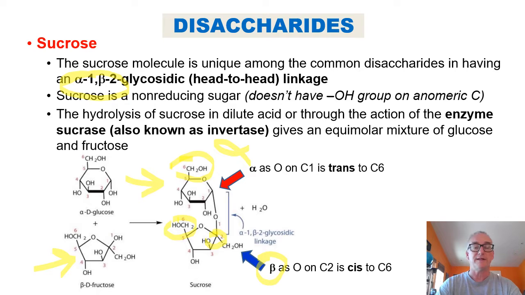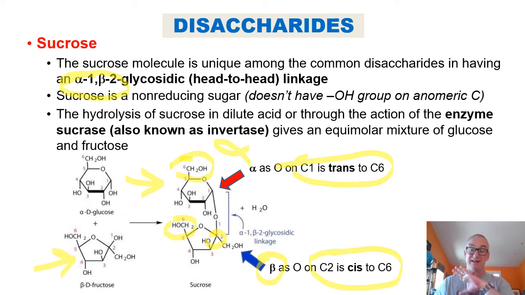So we call this alpha 1 because it's linked between carbon 1 of the glucose and carbon 2 of the fructose. And it's alpha on C1 because it's trans to its C6, but it's beta on the fructose because it's now cis. And this is a unique way of putting together a disaccharide.